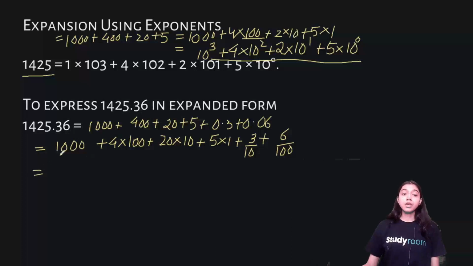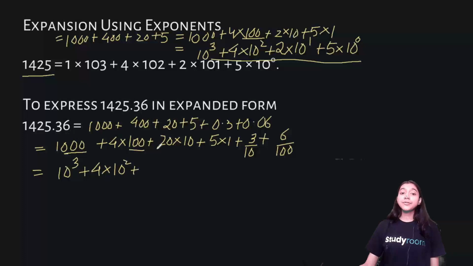Now, this 1000 can be written as 10 to the power of 3, because in 1000 we have 10 multiplied with 10 multiplied with 10, so it can be represented in exponential form as 10 cube. Again, we have plus 4 multiplied with 100. 100 can be written as 10 square.